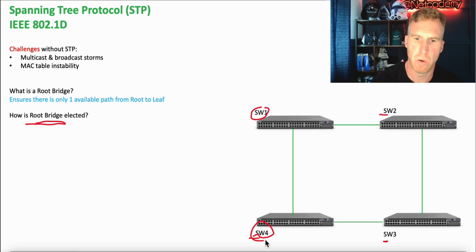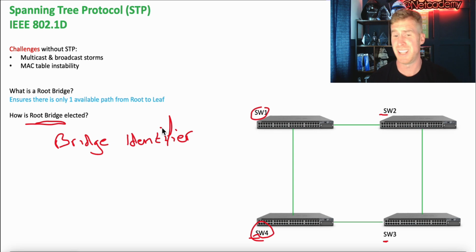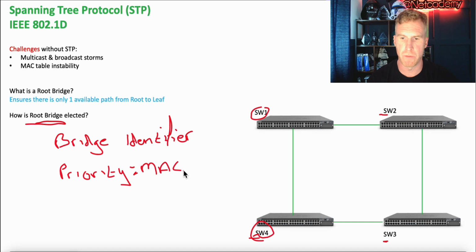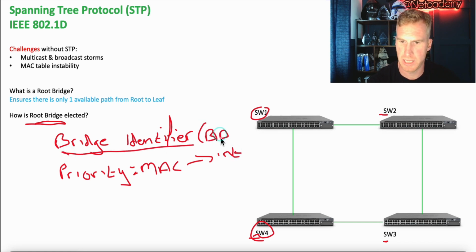Well, there's something called a bridge identifier. Basically, it gives a priority, or a bridge priority, and it also identifies the MAC address of that switch, of that system. Note that I did not say the MAC address of the interface. The bridge identifier, abbreviated to BID, consists of that priority value and the MAC address.